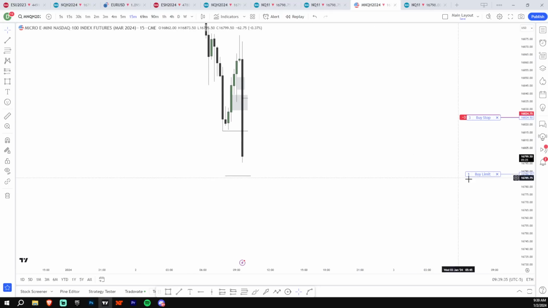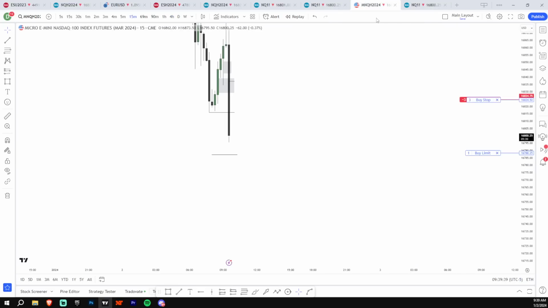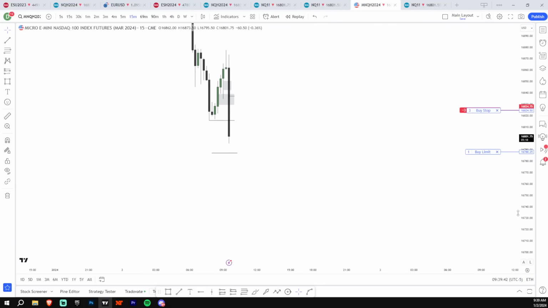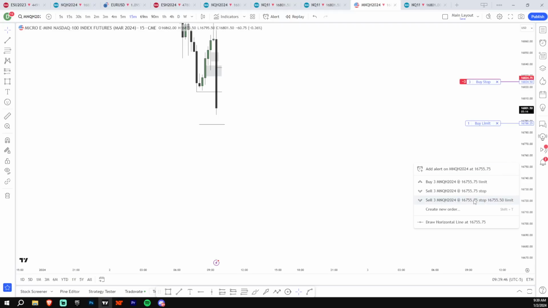So again, I'm just leaving the limits here, and then the last two limits will go 16,755 as the final target. I'll leave 2 contracts out here.